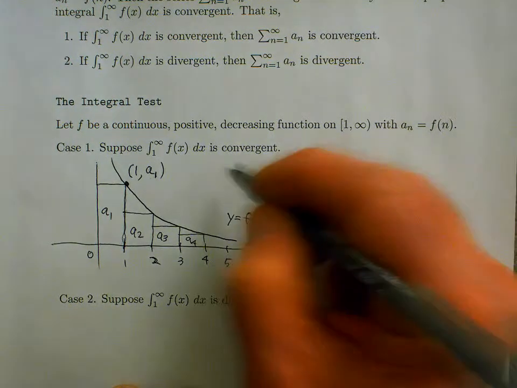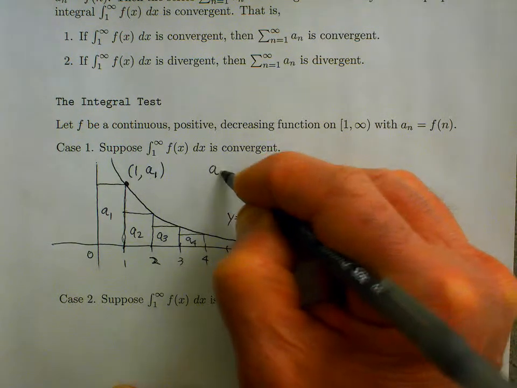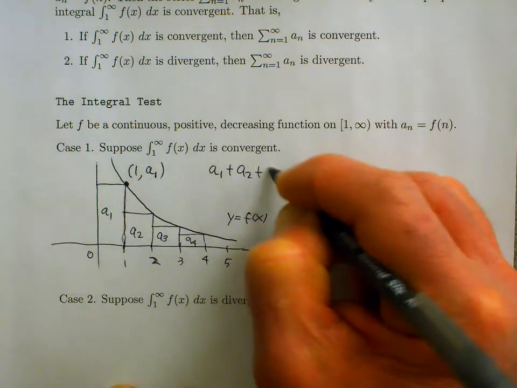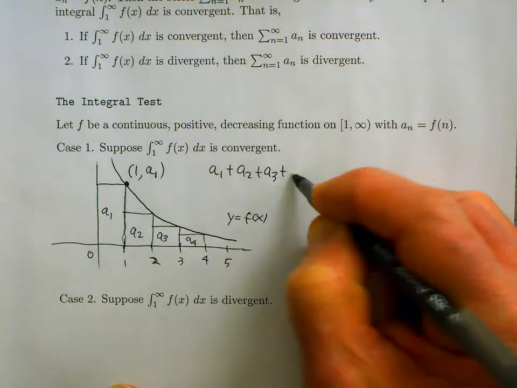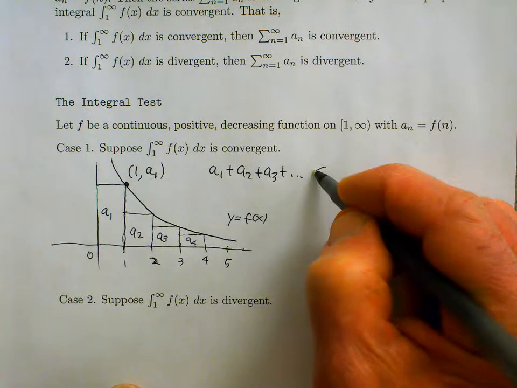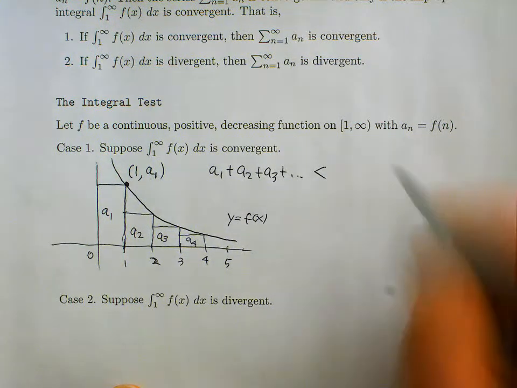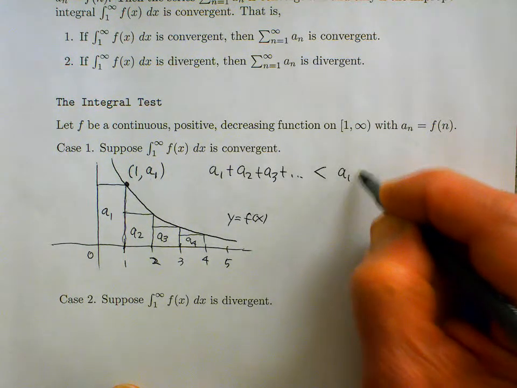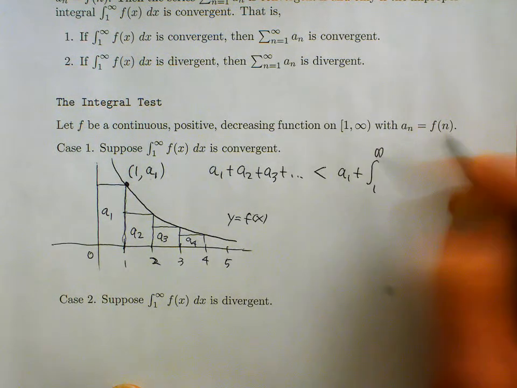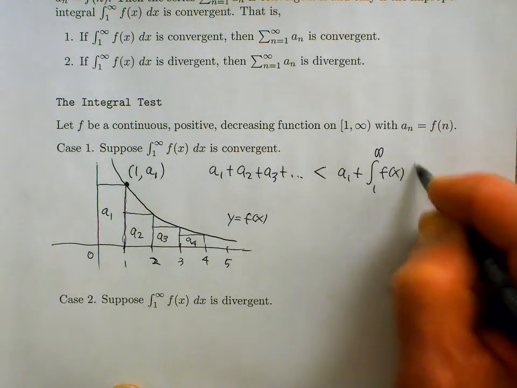So we can say that if we add the areas of those rectangles, a sub 1 plus a sub 2 plus a sub 3, and so on forever, it's going to be less than a sub 1 plus the improper integral from 1 to infinity of f of x dx.